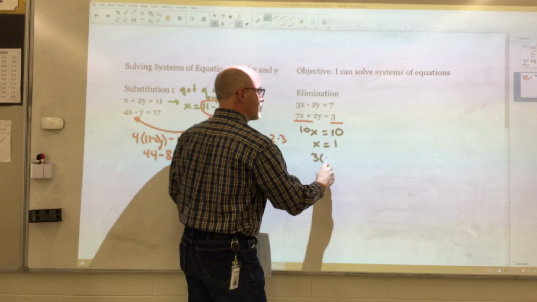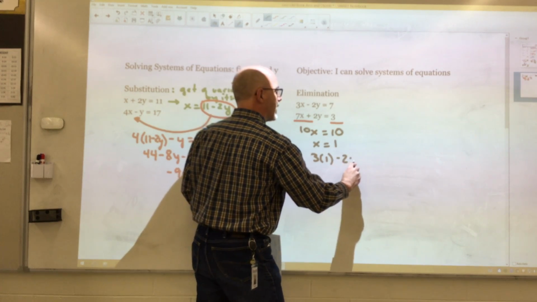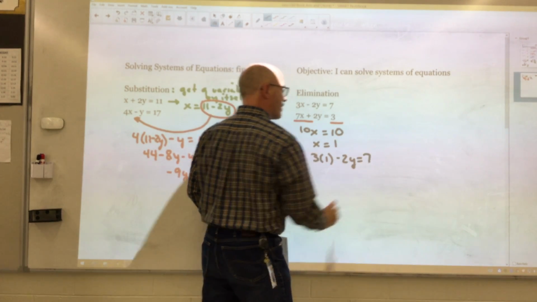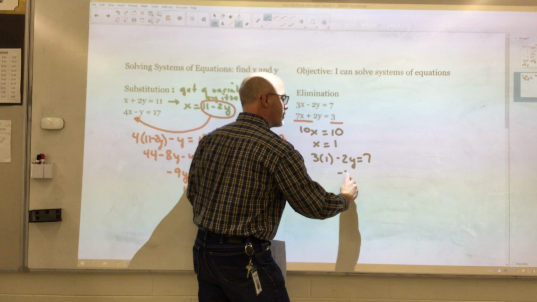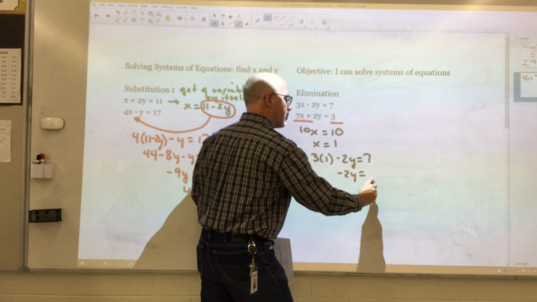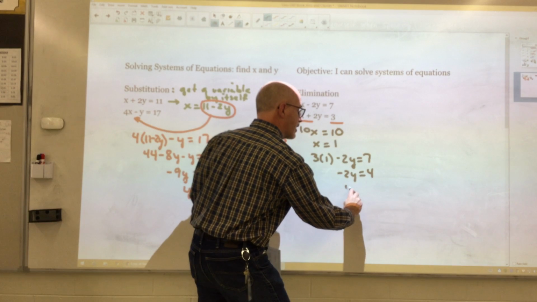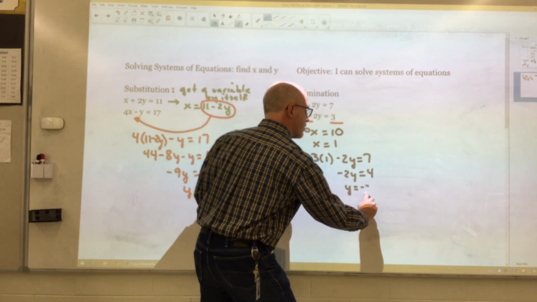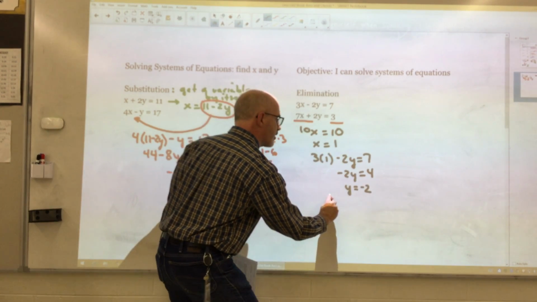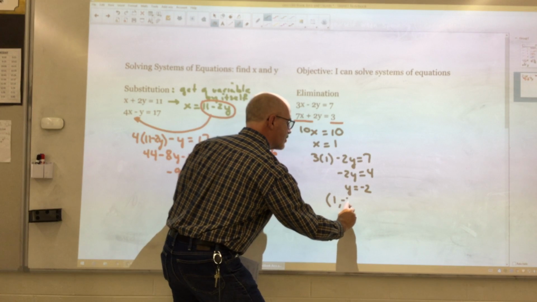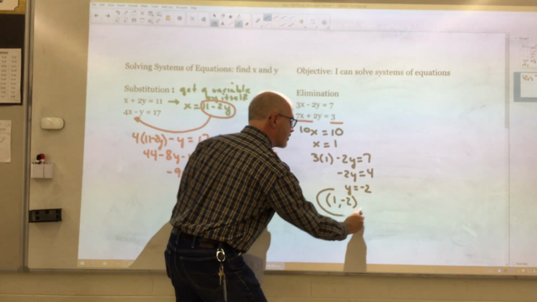So 3 times 1 minus 2y equals 7. I'm going to subtract 3 from both sides. Negative 2y equals 4. Divide both sides by negative 2. You get y equal to negative 2. And so my answer here is 1, negative 2 for my x and y solution.